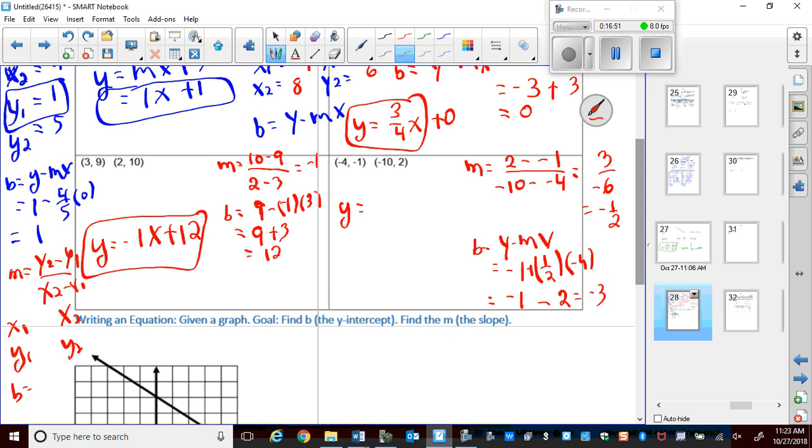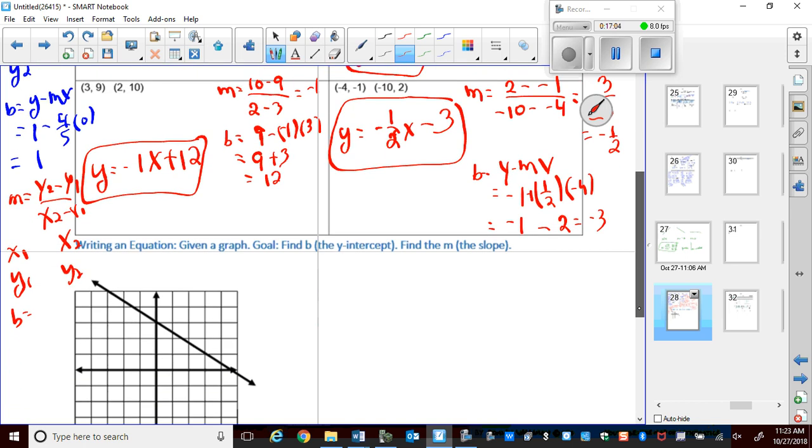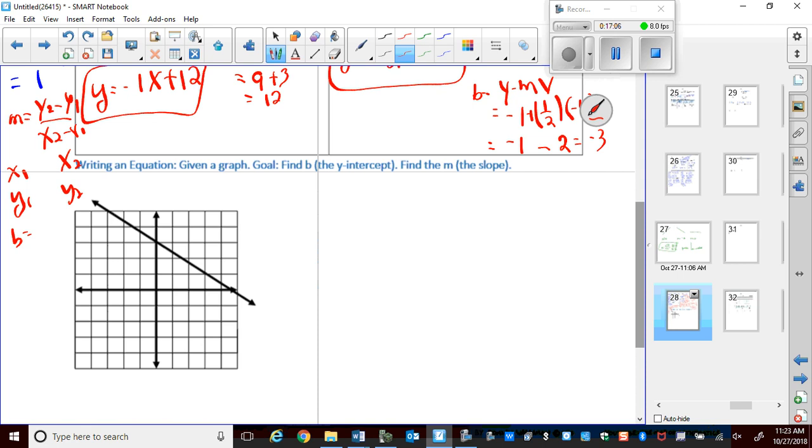So y equals negative 1/2 times x minus 3, my equation.